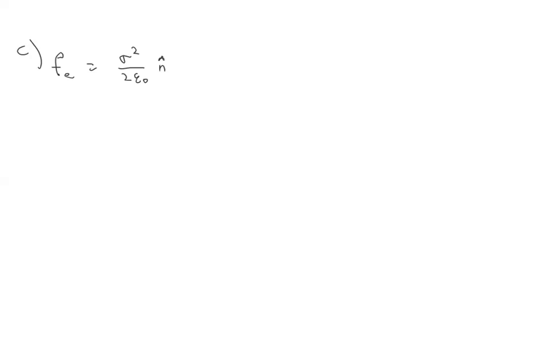So we're trying to find the force on the top plate, seeing as we already have the magnetic force from the bottom plate on the top plate. So the electrical force is going to be sigma squared over 2 epsilon naught in the negative z direction, because it is the opposite sign.